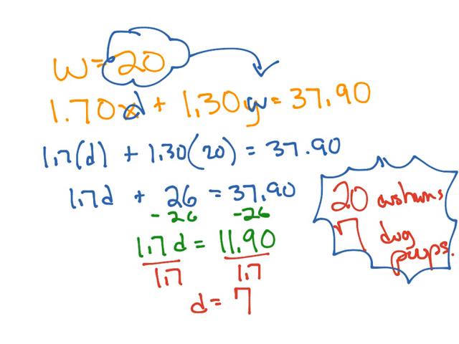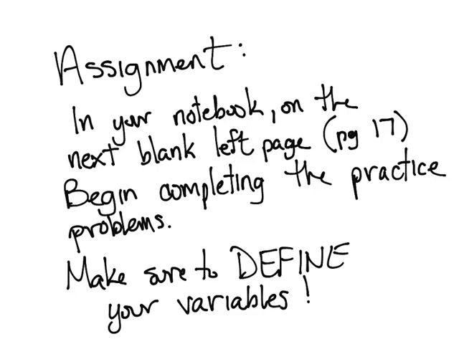To finish up today, we'll continue doing some practice problems. You're going to receive a sheet of word problems that I'd like you to begin working. In your notebook, on the next blank left page, which should be page 17, I want you to begin completing these practice problems. As you work them, make sure that you write out and define your variables.